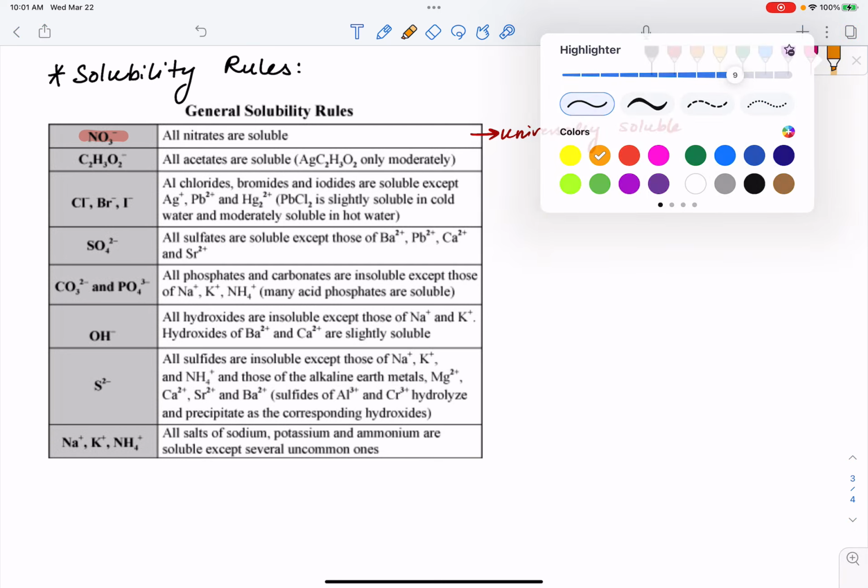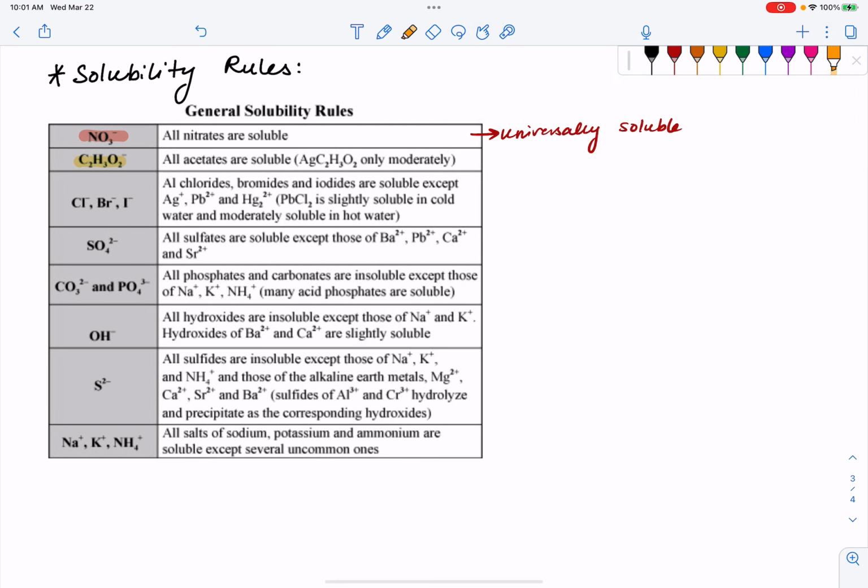Our next rule, acetates, another really large polyatomic ion. All acetates are soluble, however, there is one exception. The silver cation, which is one of our d block metals, so it's relatively large, is not soluble.